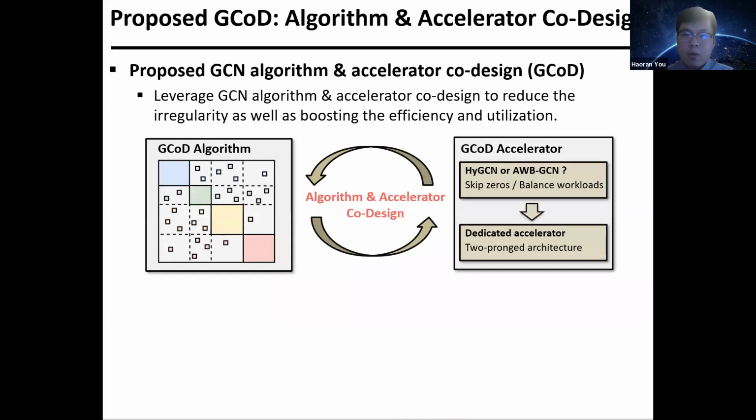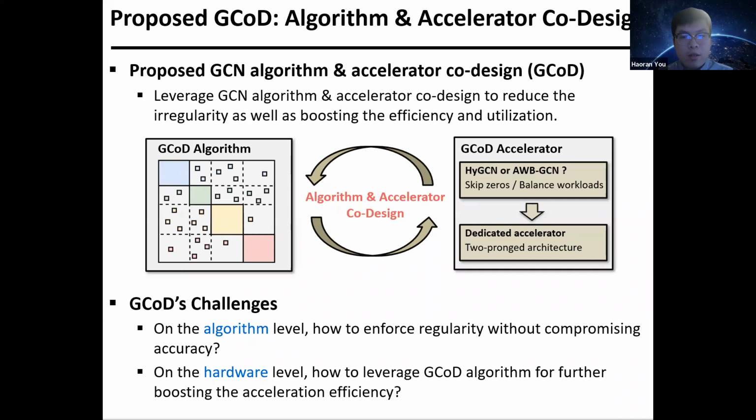Based on the unexplored algorithm opportunity, we propose an algorithm and accelerator co-design framework dubbed GCoD. The motivation is to reduce the irregularity as well as boost the efficiency and utilization. For the GCoD accelerator, instead of following prior work, we design a dedicated two-pronged architecture to exploit the GCoD algorithm.